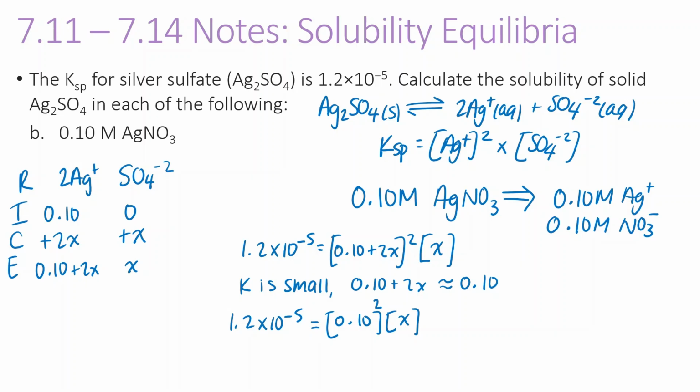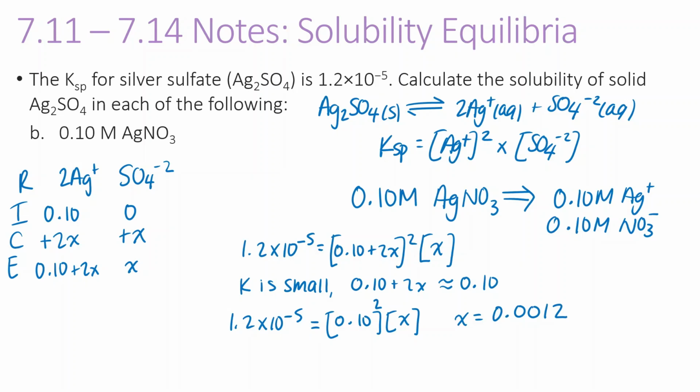So whenever we solve this, we're going to need to divide and then get our answer here. So my answer that I come up with here is that x is equal to 0.0012.